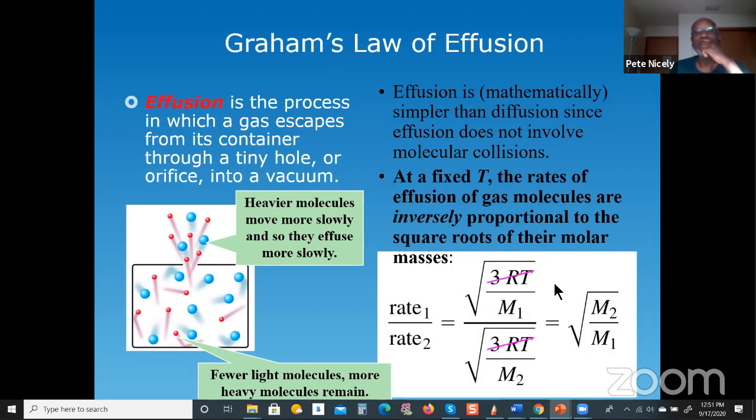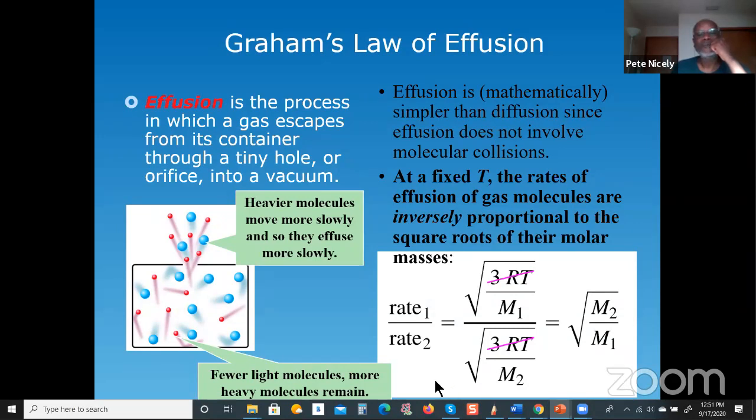So if you were to compare two gases, gas 1 and gas 2, we can write down separate equations for their rates of effusion. So the rate for gas 1 is equal to the square root of 3RT over M1, and the rate for gas 2 is equal to the square root of 3RT over M2. And if we do the cancellations of the 3RTs here, then you end up with this equation.